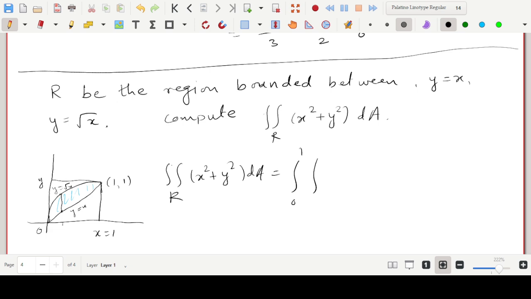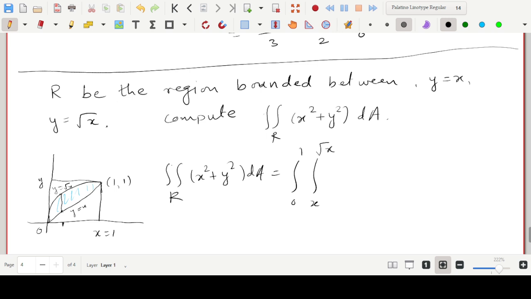So for x, y is moving from x to square root of x. Don't write it as from square root of x to x. We don't want to come downward. We always go from lower value to upper value while taking definite integrals.